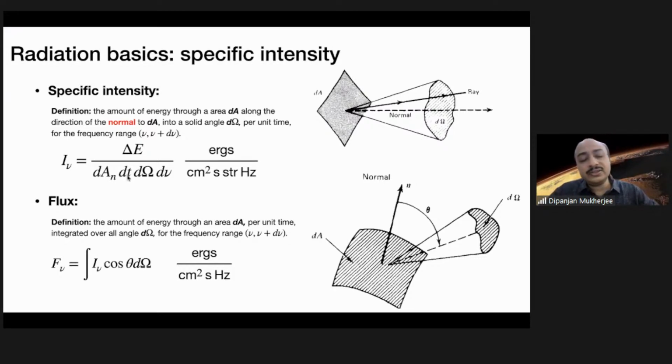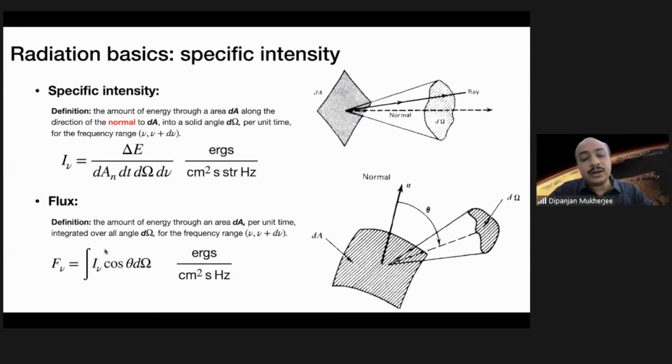Now, if you want to consider the flux, which is the total amount of energy that's passing through a given area, what you might remember is this particular area can intercept different rays going in different directions through it. So if you know the intensity distribution at this particular surface, the total amount of energy that's going through this area is just to integrate over all directions, or integrate over all solid angles.